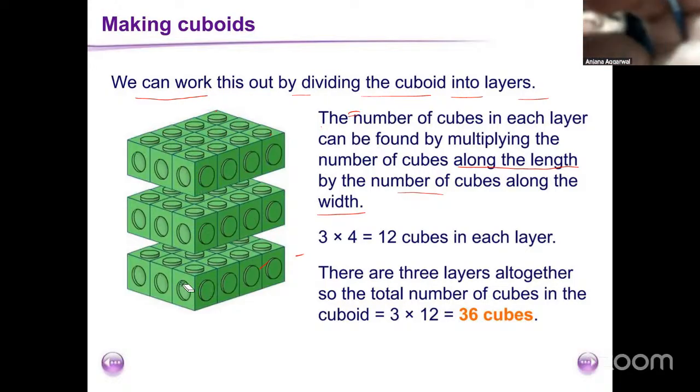So now there are three layers of the same size, so all you have to do is count all of that.